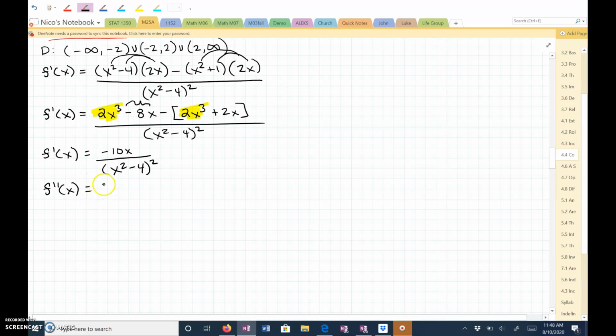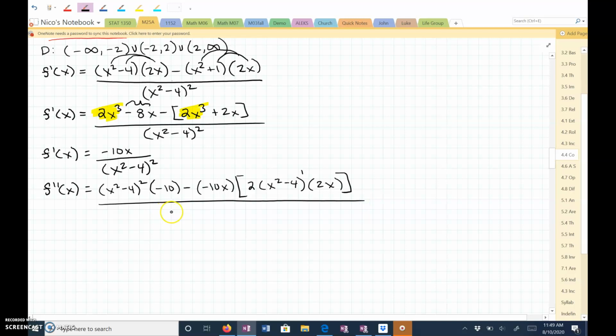So it's going to be the denominator times the derivative of the numerator, minus the numerator times the derivative of the denominator, which would be 2 times x squared minus 4 to the first power times chain rule 2x, all over x squared minus 4 to the fourth power. You're going to square what I did there. I squared the denominator.